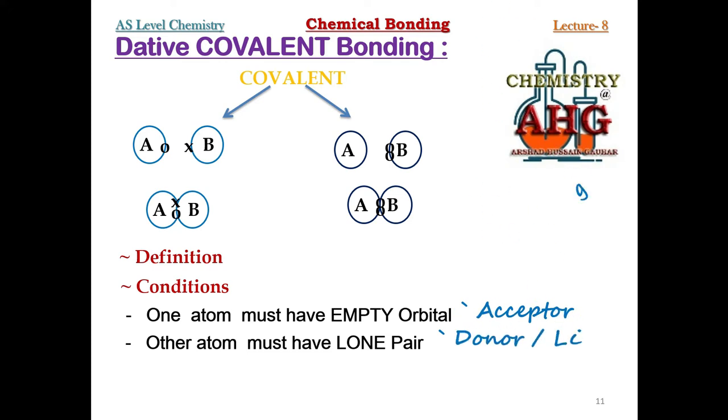You must remember both these terms, donor as well as ligand, for the atom which has lone pair, because mostly the term ligand is used in the transition elements, but you must remember donor can be known as ligand. So these are the two conditions for the formation of dative covalent bond.